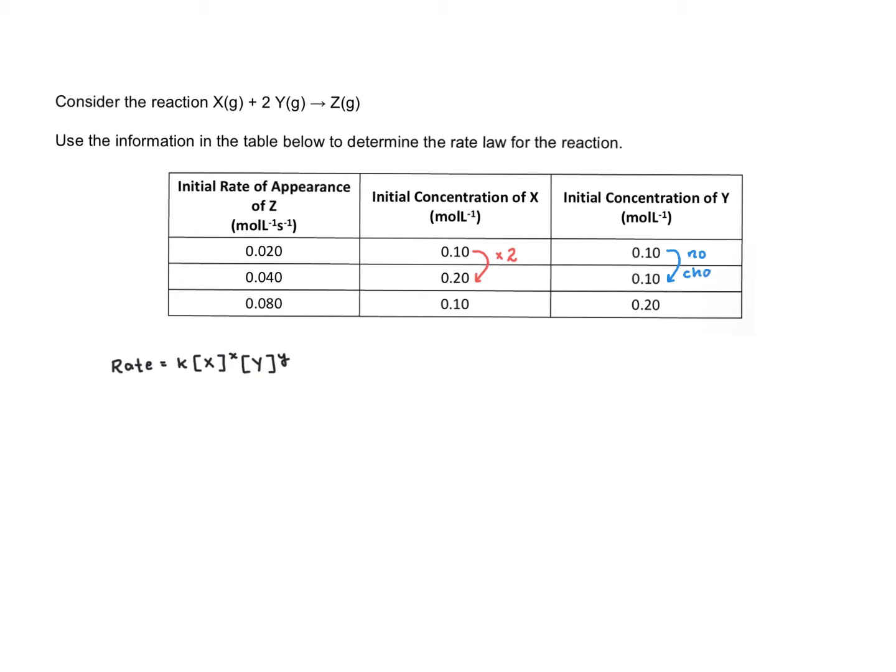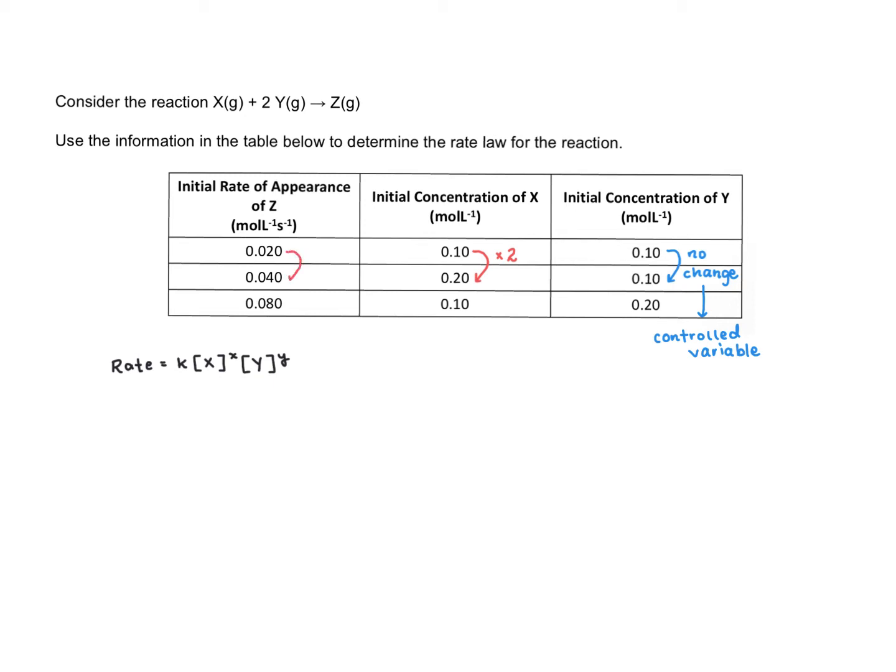And we want to make sure that we pick two trials where the concentration of one substance has changed and the concentration of the other substance has not. This means that Y, in this case, is our controlled variable. We're making sure that the concentration of Y does not affect how the rate changes when we alter the concentration of X. So now we see that we've doubled the concentration of X. We're now going to look at how the rate changed when we did that.